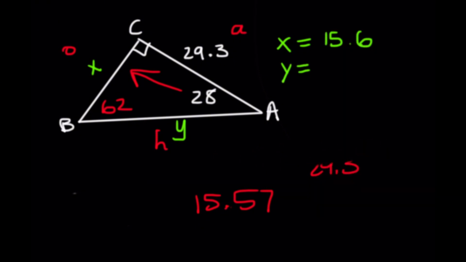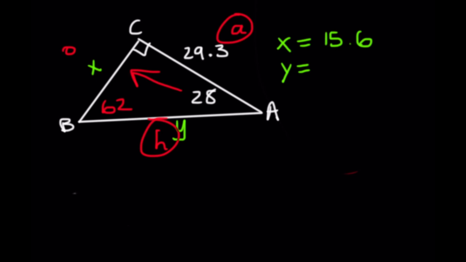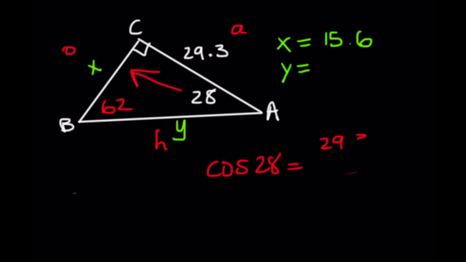We're just going to put Y equals whatever we get there. We're going to erase this work and put Y in it. And so Y is the hypotenuse. So we have adjacent and hypotenuse. So that means we have cosine. So cosine 28 is equal to 29.3 over Y. So that means that we're going to divide.